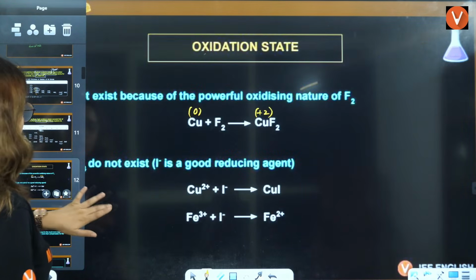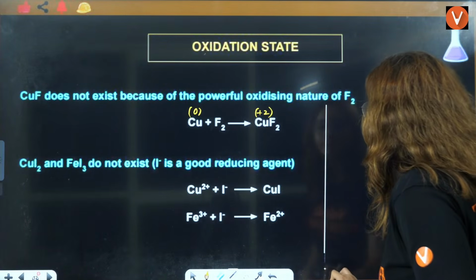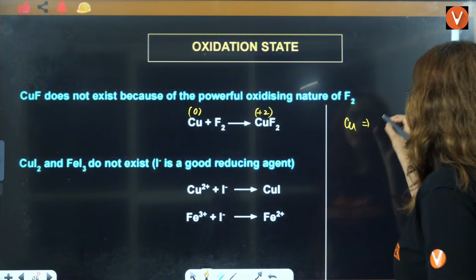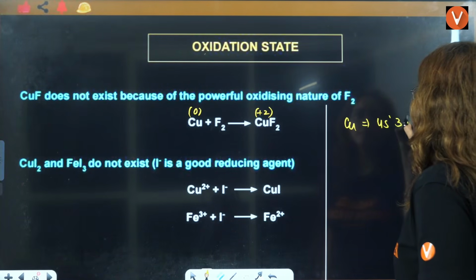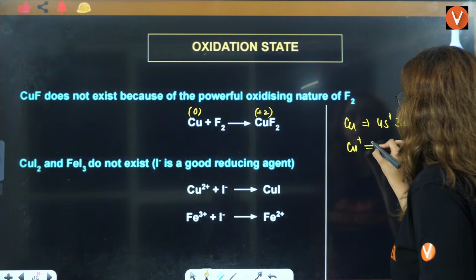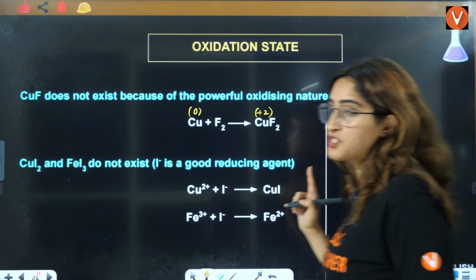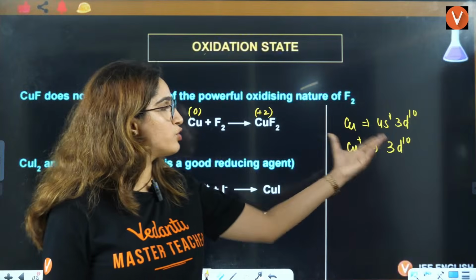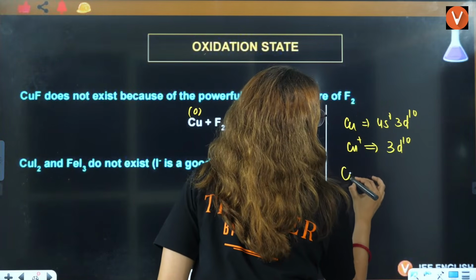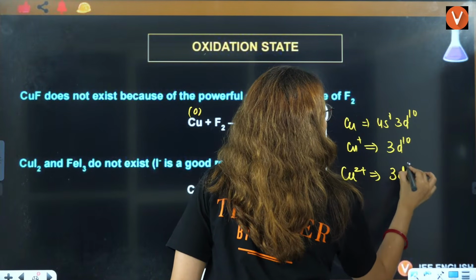If you talk about copper, what is the electronic configuration of copper? Copper is argon 4s1 3d10. You take out one electron here, this will become 3d10, which is a very highly stable configuration. It is a noble gas kind of configuration. If you talk about Cu2 positive, it is giving you 3d9.